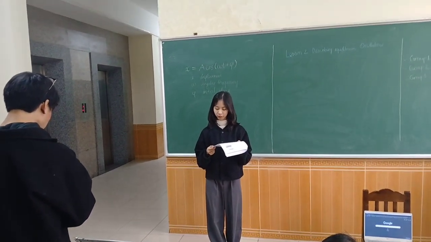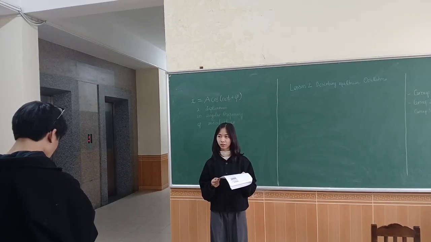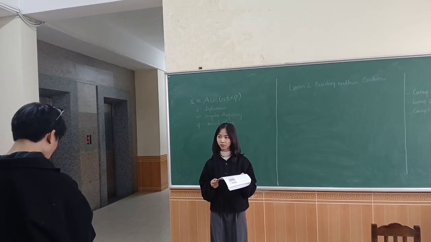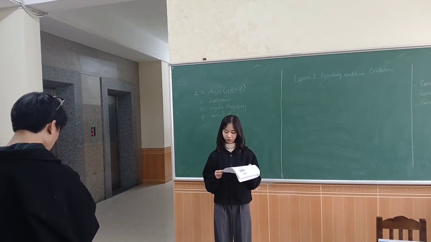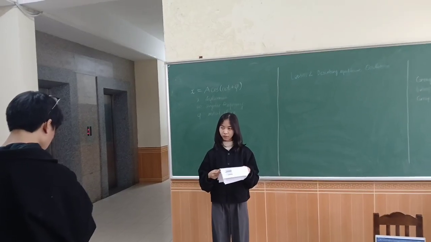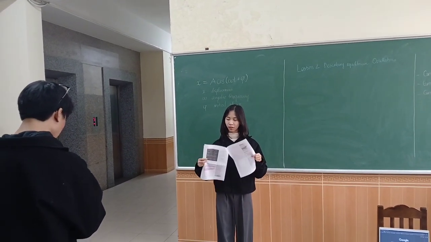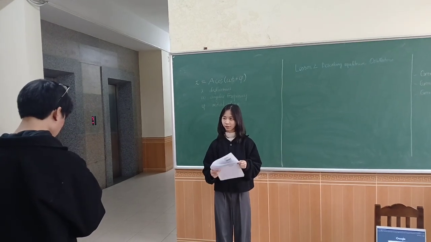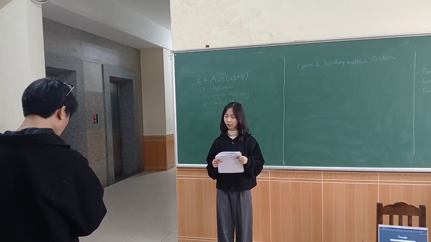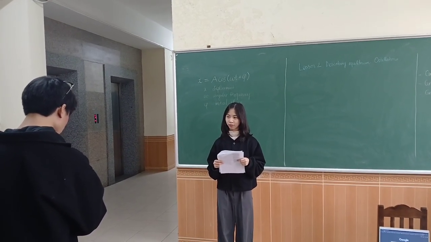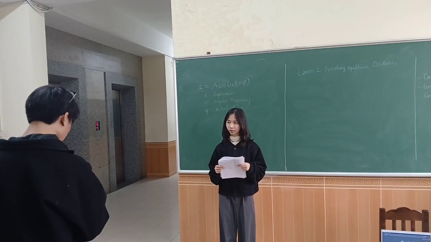Our group got the oscillation graph of the pendulum as shown on the board. The graph of my group also has a sinusoidal shape like that of group 1. Our group determines that A equals 4 centimeters, which is also the oscillation amplitude of the pendulum.